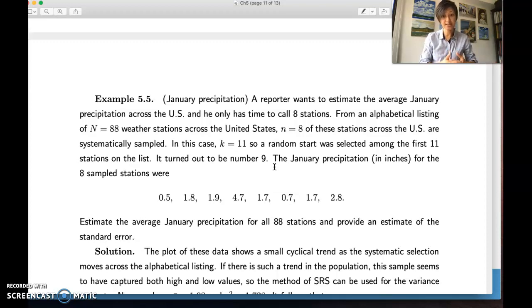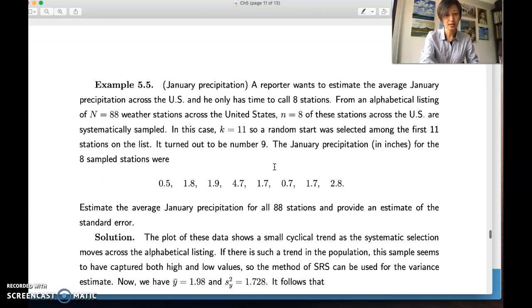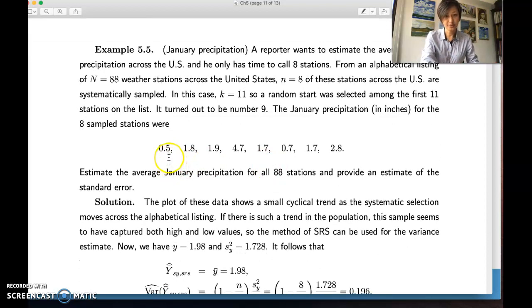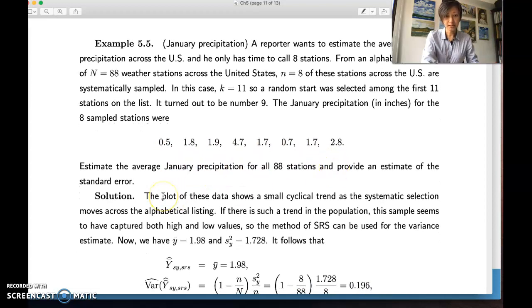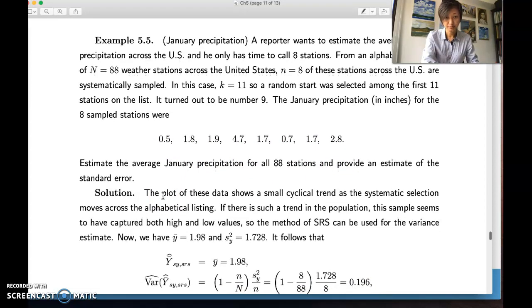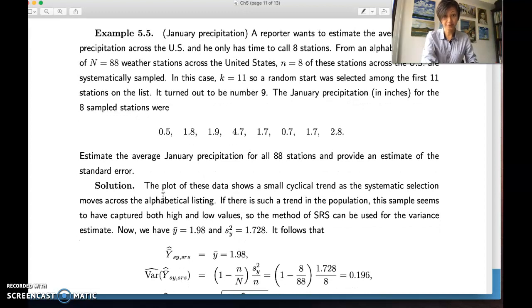So he collected the data in a systematic way, 1 in every 11th station, and then he collected 8 data points. Okay, so here are the data for the precipitation: 0.5, 1.8, 1.9. Estimate the average rainfall based on those 8 numbers.